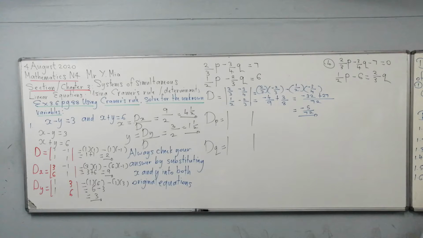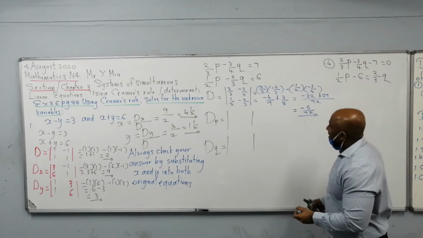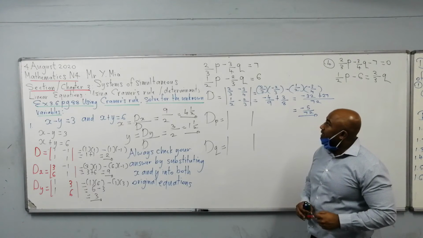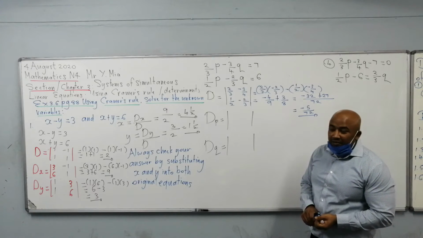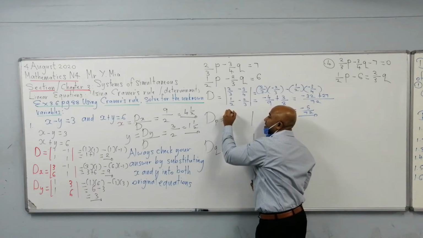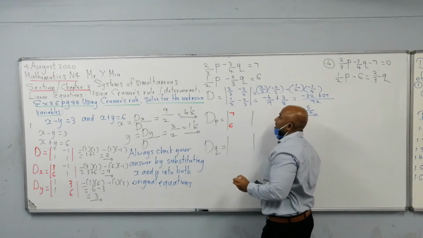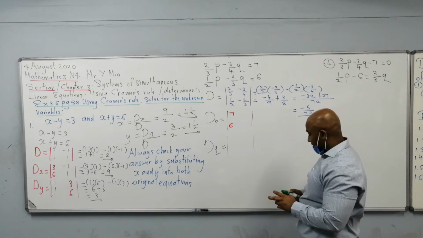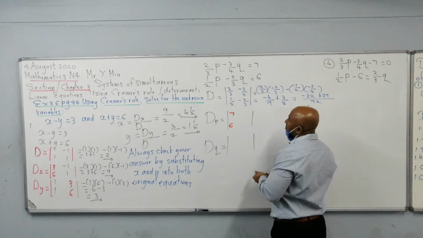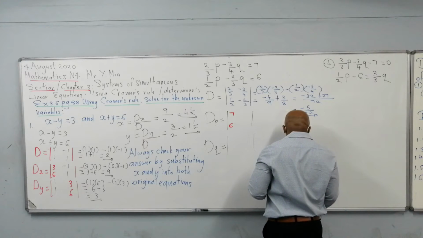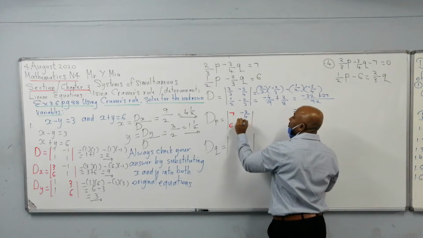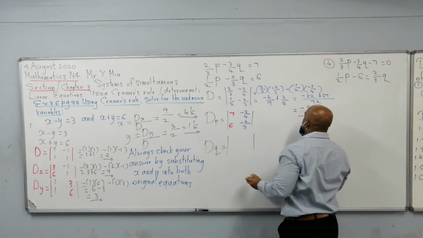Got it? Right, so dP now. So for dP, we replace the P column with the constants 7 and 6. The Q column will remain the same, which is minus 3 over 4, minus 2 over 3.